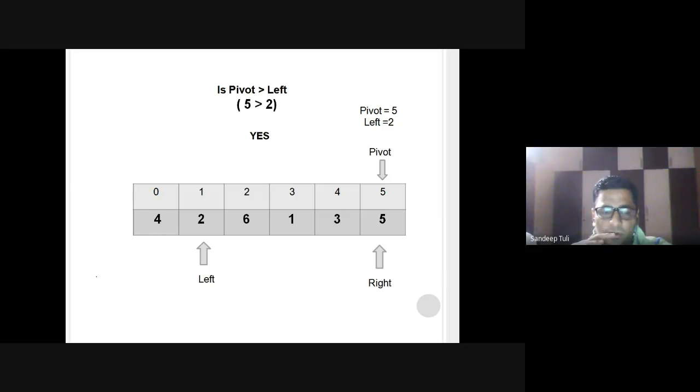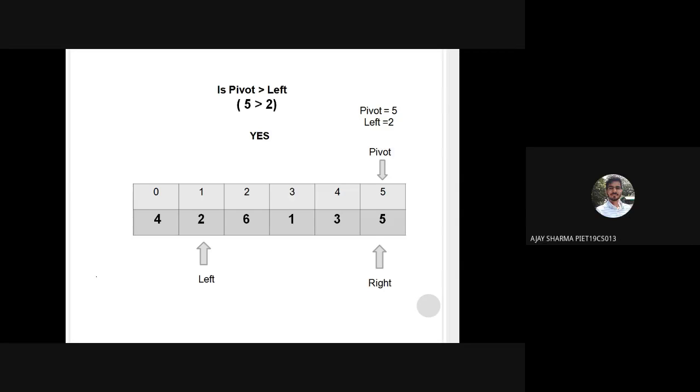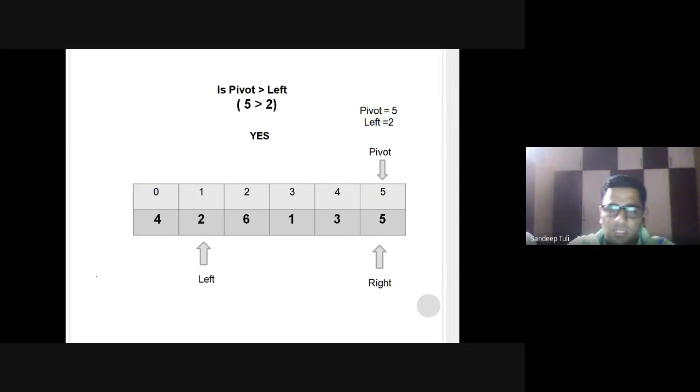Yes, sir. That is what I have shown. It is yes. So we need to move left one position towards the right.